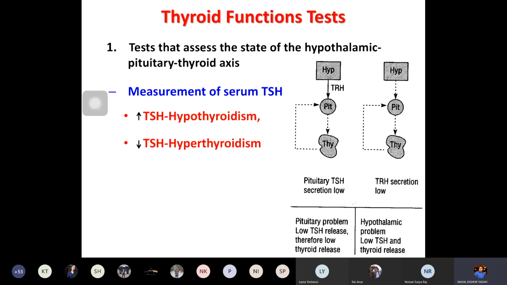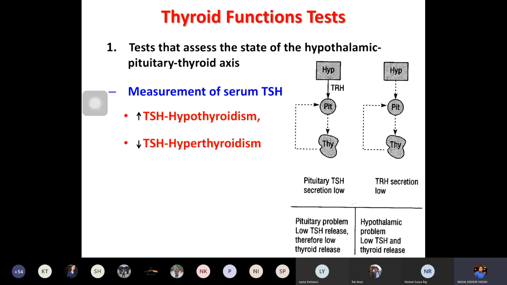So based on the level of TSH, we can categorize the status of thyroid into two groups, that is hypothyroidism and hyperthyroidism. If there is an increase in the level of TSH, it is known as hypothyroidism, and a decrease in the level of TSH is named hyperthyroidism. So this is only on the basis of TSH.